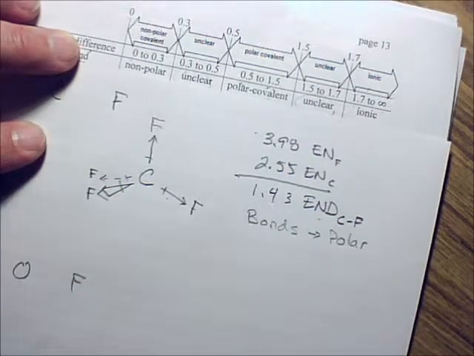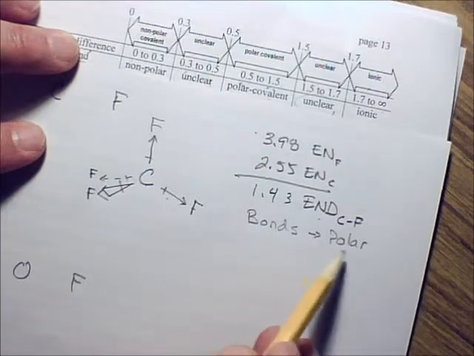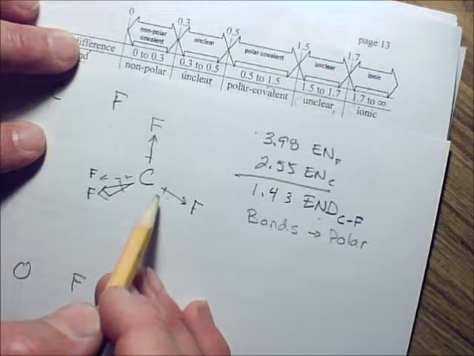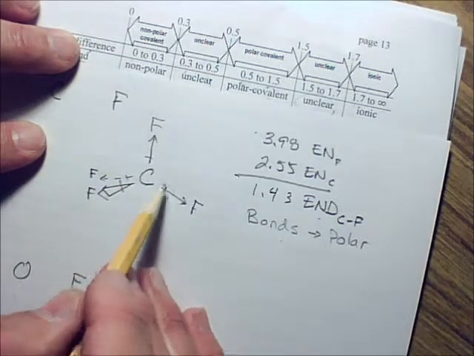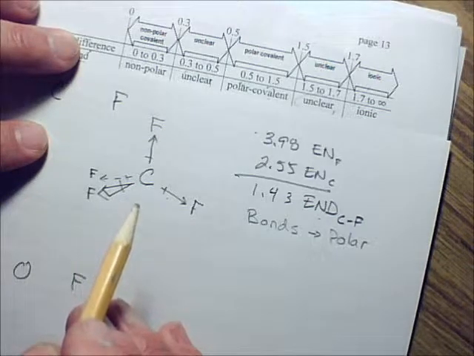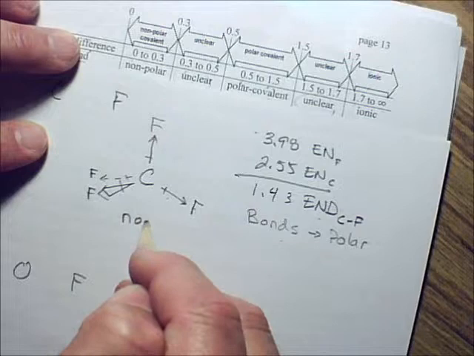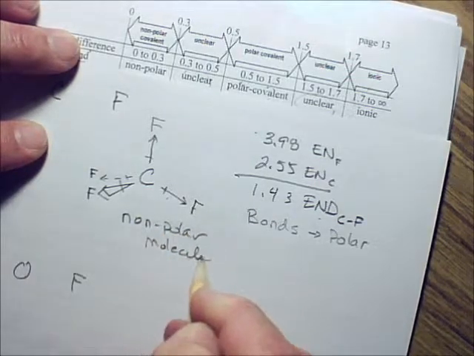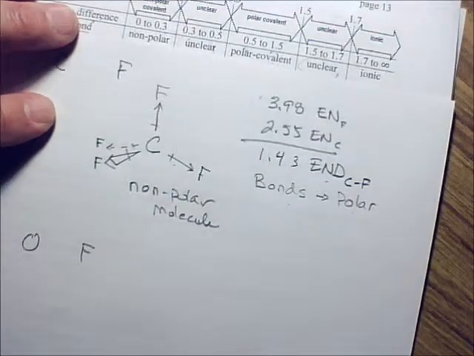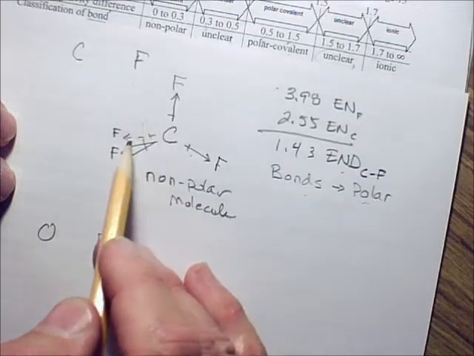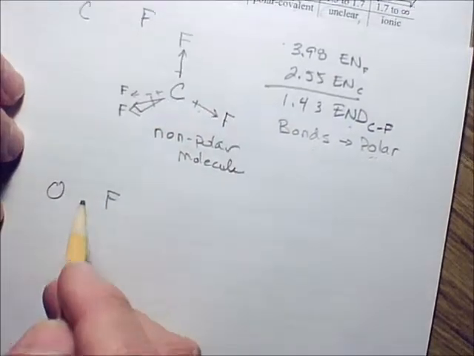For it to be a polar molecule, I have to have two things. Not only do I have to have polar bonds, I have to have uneven distribution. This is not unevenly distributed. Every bond angle here is 109.5 degrees. Okay? This then is a non-polar molecule, because the bonds are polar, but they are arranged evenly. So a tetrahedral is non-polar.